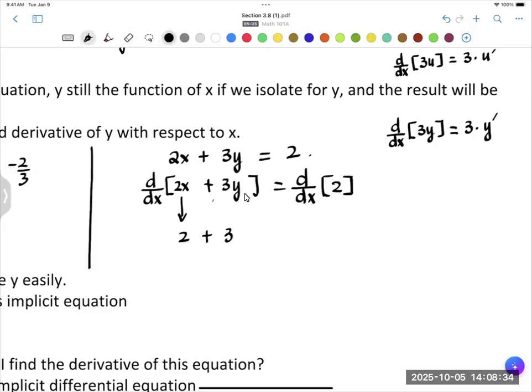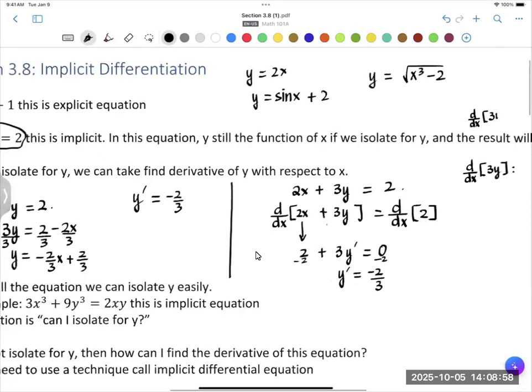That also explains why we must have y prime there, otherwise the problem doesn't make sense. And on the right-hand side, the derivative of 2 is 0. From that, can we isolate for y prime? Yes, we can, by subtracting 2 on both sides. We have negative 2, and then divide by 3. We have y prime equals negative 2 over 3.